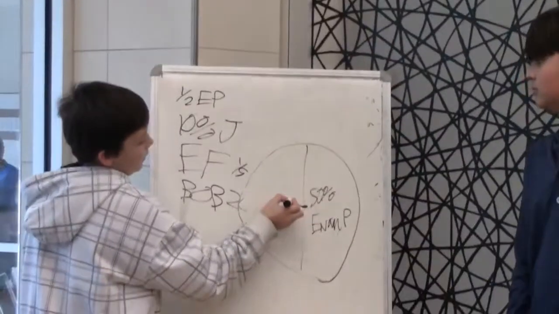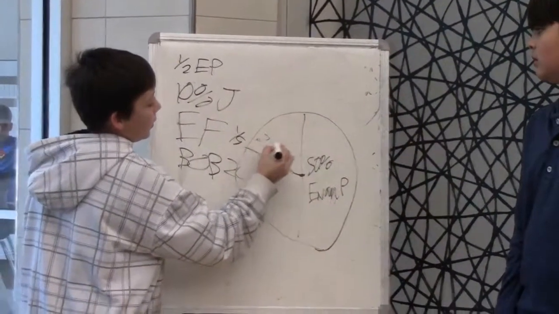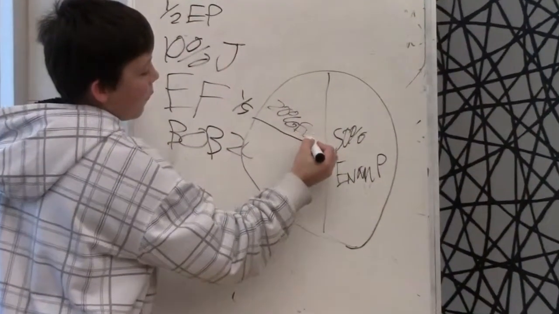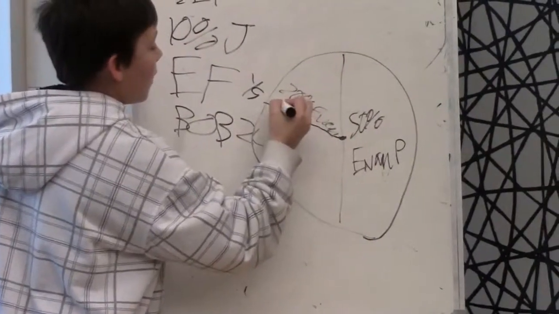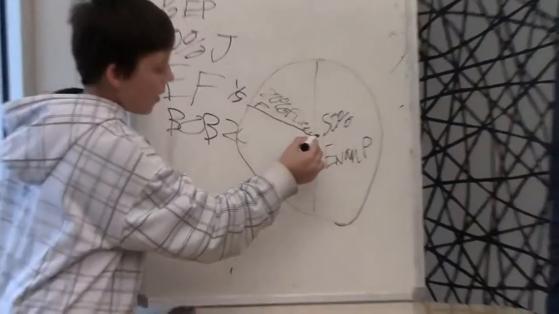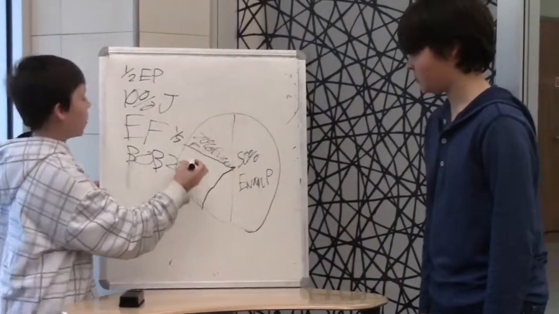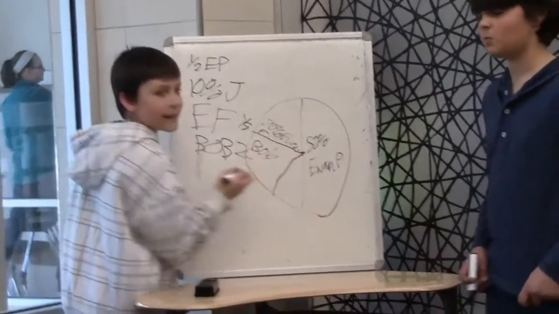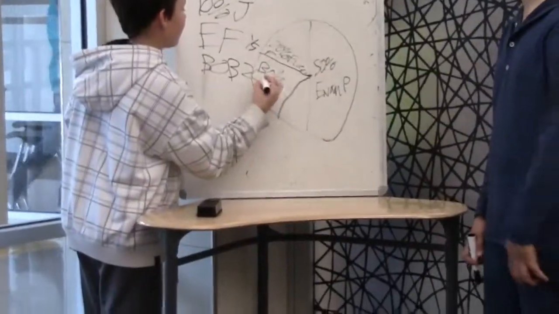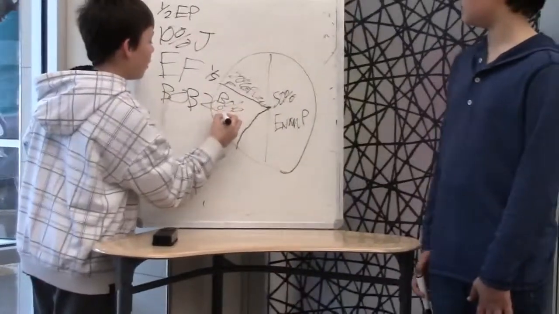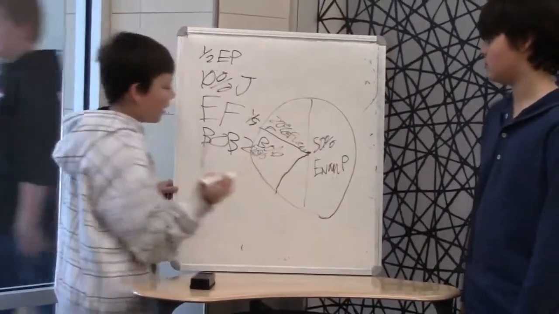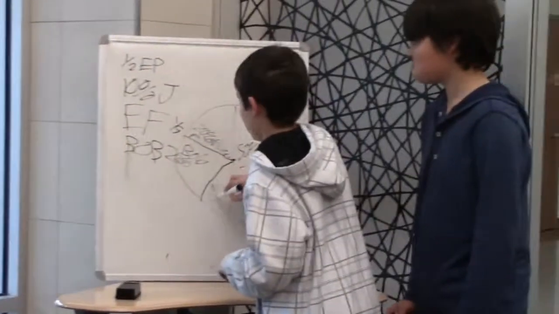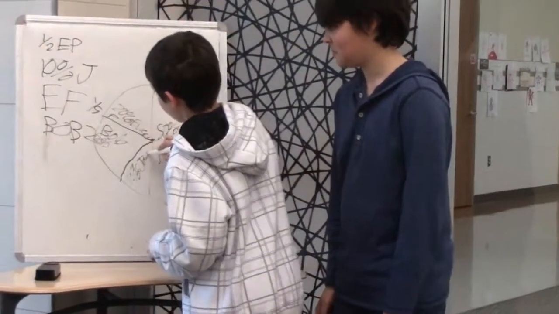So about this much was scored by Evan F. Then another bunch of that was scored by Bob. So he scored 20%. And then Joe scored only 10%. So there's your pie chart.